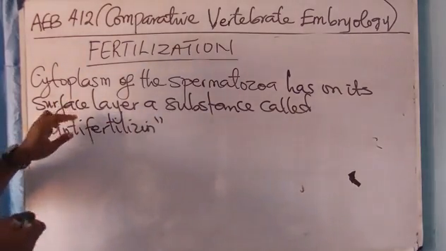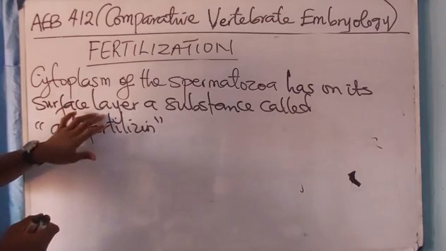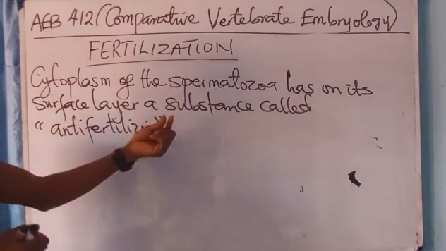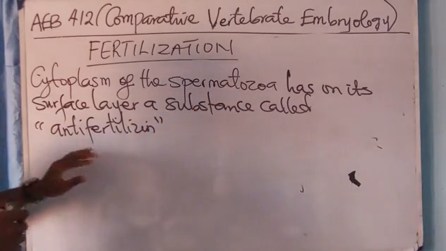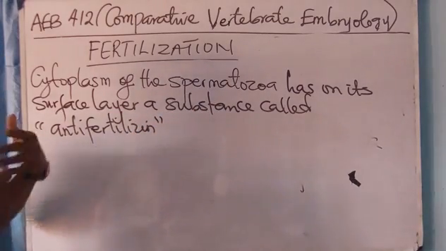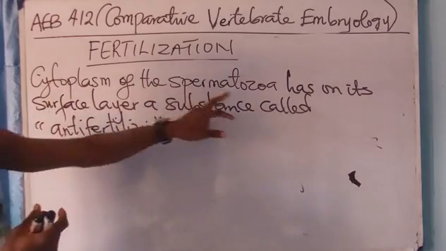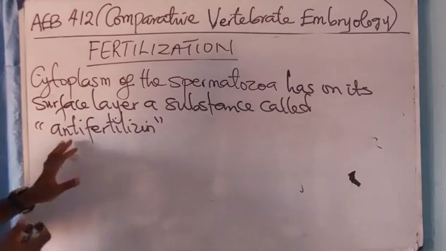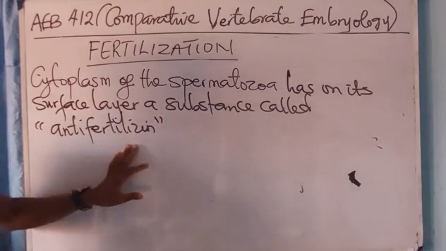I said the surface layer of the cytoplasm of the spermatozoa has a substance called what? Anti-fertilizin.